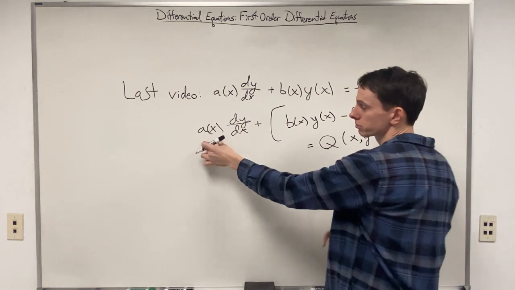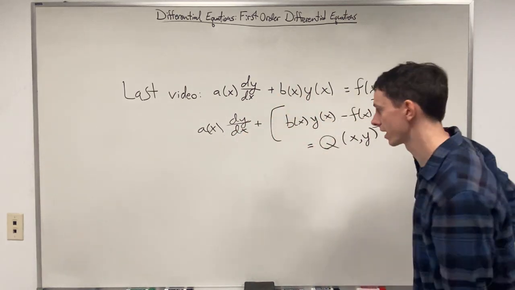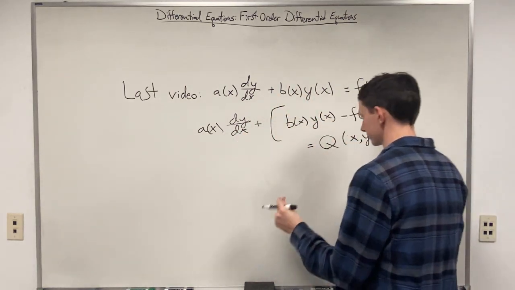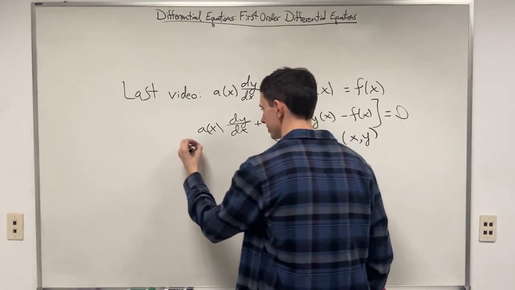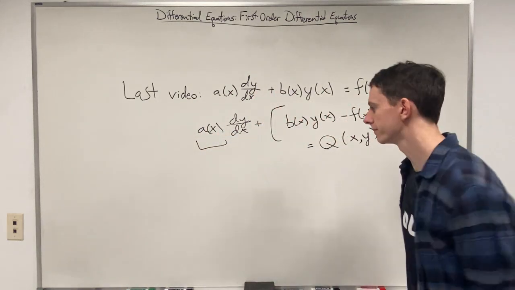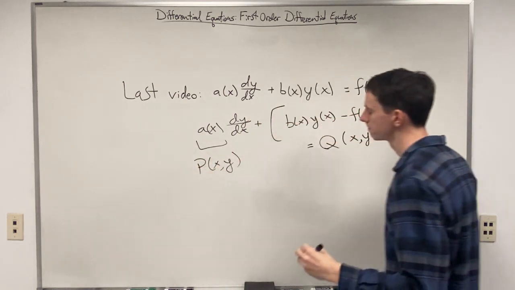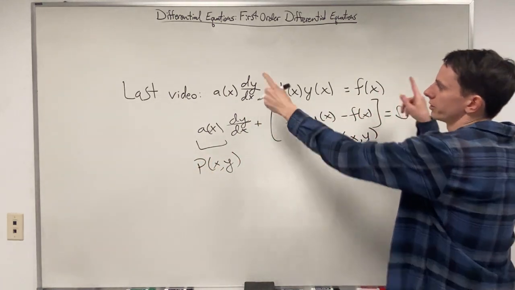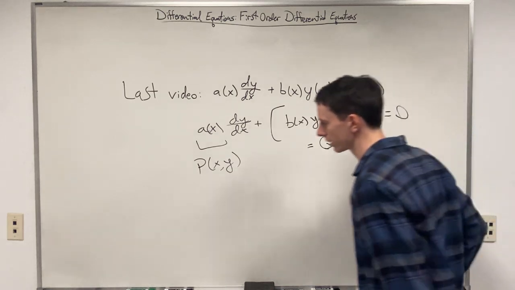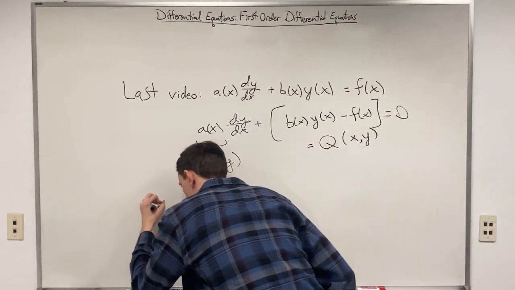So this coefficient can now be a function of both x and y. So maybe rather than calling it a of x, we call it p of x, y.